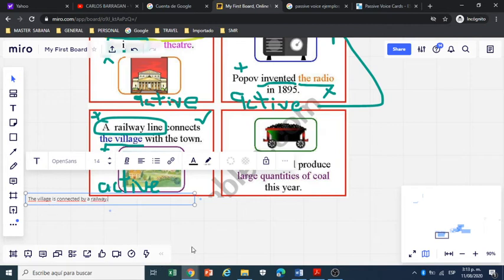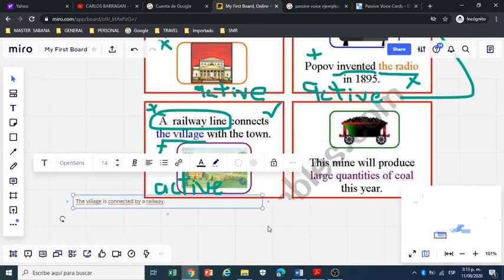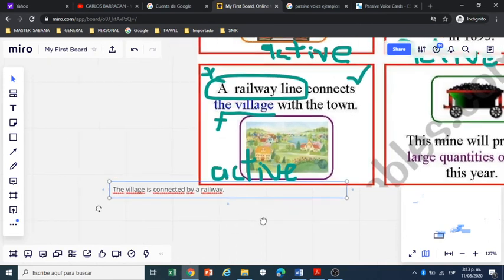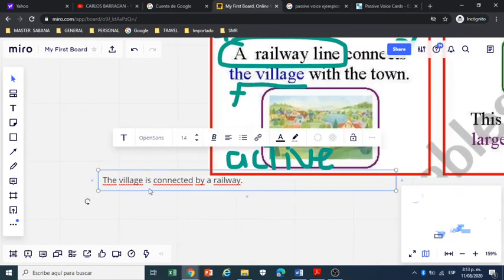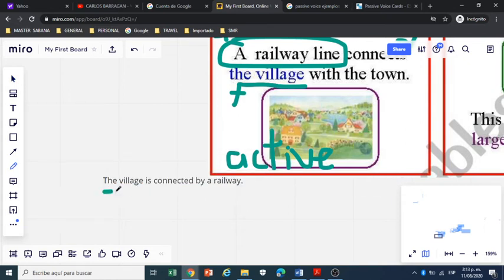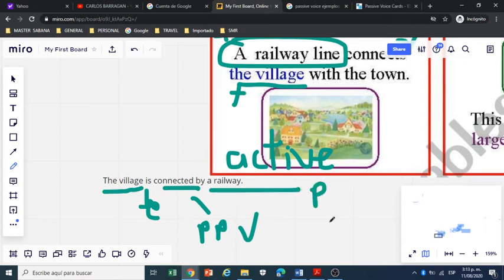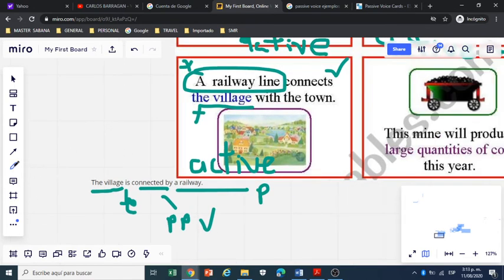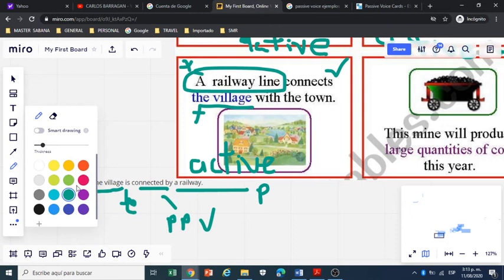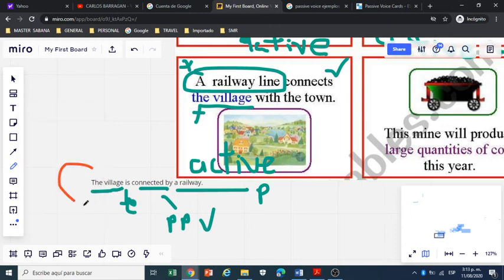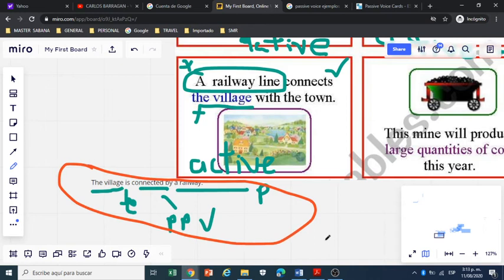So this sentence, the village is connected. Look at the parts of the sentence: the village, verb to be, the past participle of the verb, and the predicate. This structure is in passive voice.